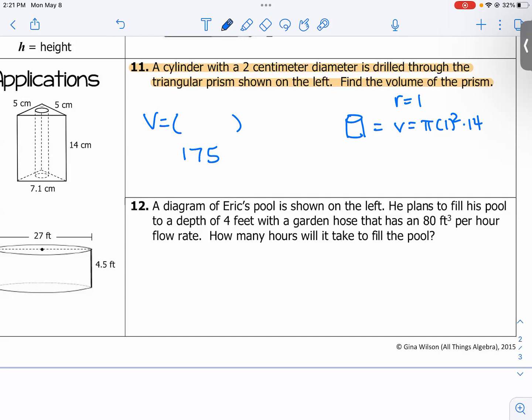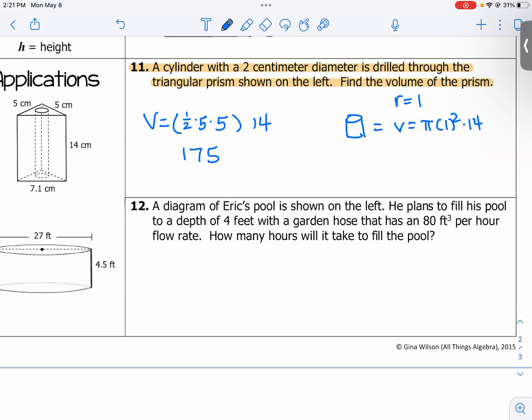How'd you get those numbers? One half times. Oh, wait. So, all right, do you see this little right angle right here? 5 and 5 are the base and height of the triangle.